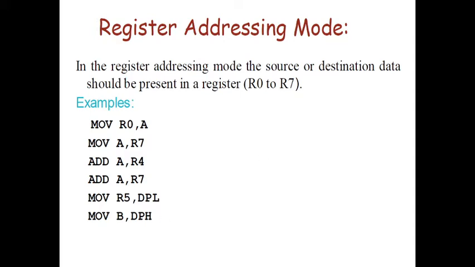Examples: MOV R0, A moves the contents of the accumulator into the R0 register of the specified bank. MOV A, R7 moves the contents of R7 of the specified register bank into the accumulator. Similarly, ADD A, R4 adds the contents of R4 in the specified register bank with the contents of the accumulator.